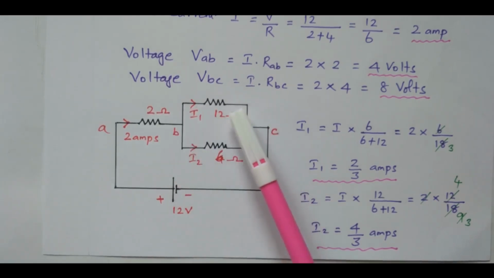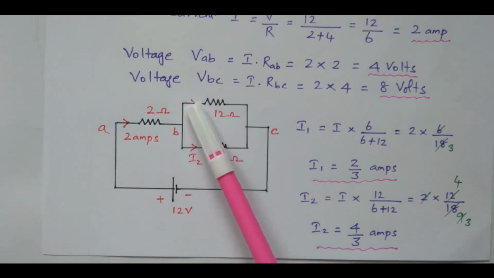This 2 ohm, and the parallel combination of 12 ohm and 6 ohm are available. Now the current is divided into I1 and I2. Other values are calculated, so by using the current divider rule we can find I1 and I2.